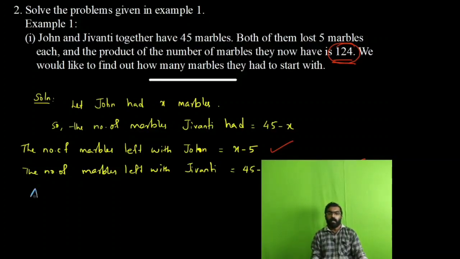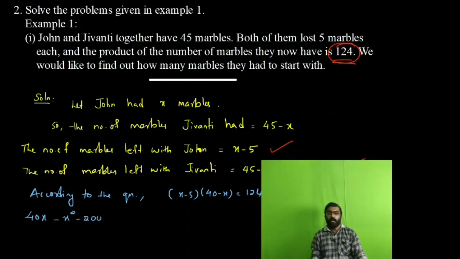So according to the question, x minus 5 into 40 minus x is equal to 124. Now we can multiply: x into 40, x into minus x, minus 5 into 40, minus 5 into minus x. So x into 40 is 40x, then x into minus x is minus x square, minus 5 into 40 is minus 200, then minus into minus plus 5x, which is equal to 124.